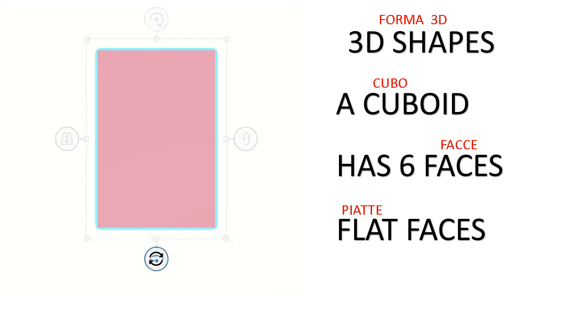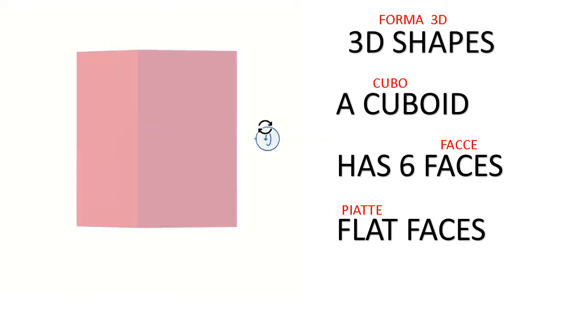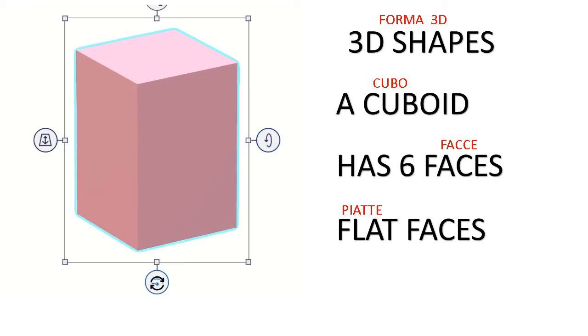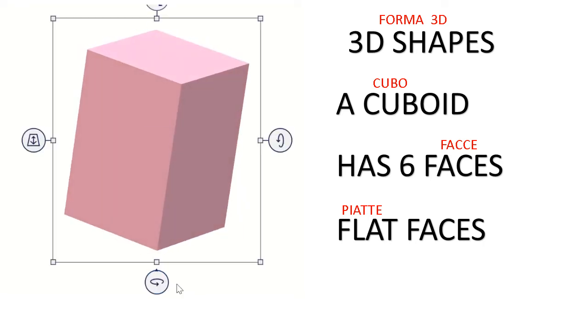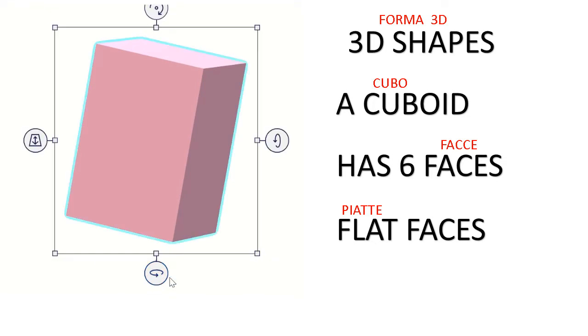Here we have another 3D shape, so we can turn it around and we can look at all the different sides. This is very similar to a cube. In fact, the name is also very similar.